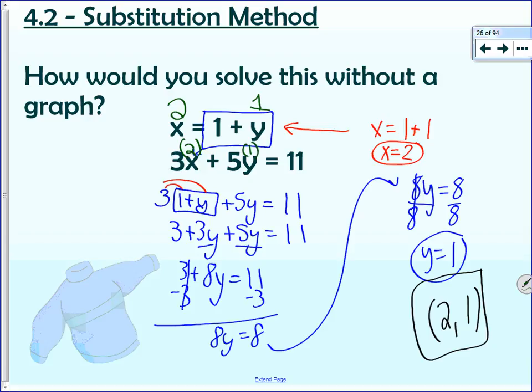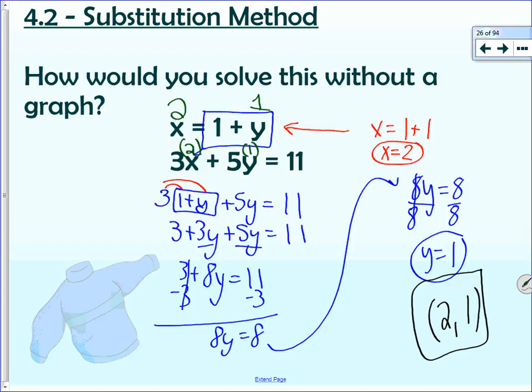Yep. Good job, you guys. Yep. 6 plus 5 equals 11. So we got it. So that is solving by substitution. You substitute one variable's expression in for the other equation, and then you solve.